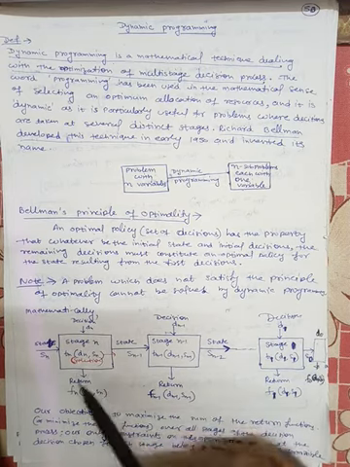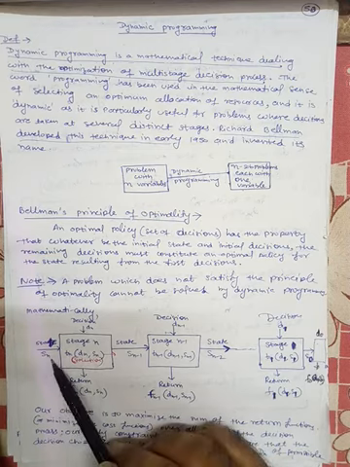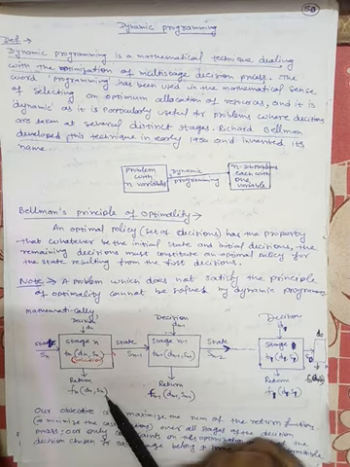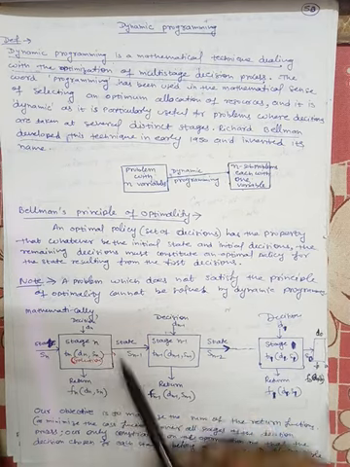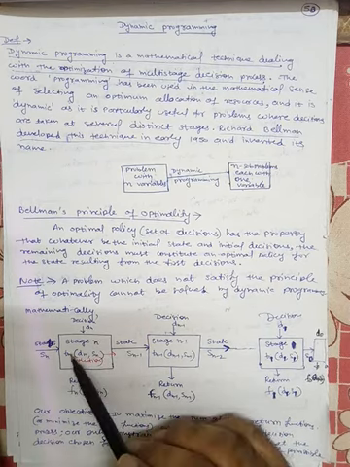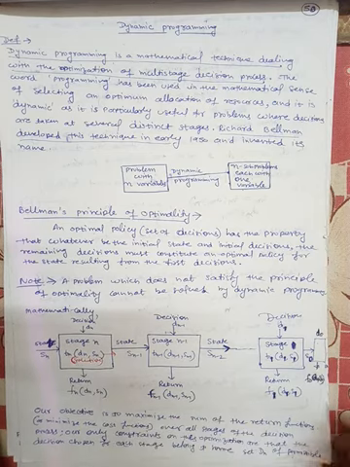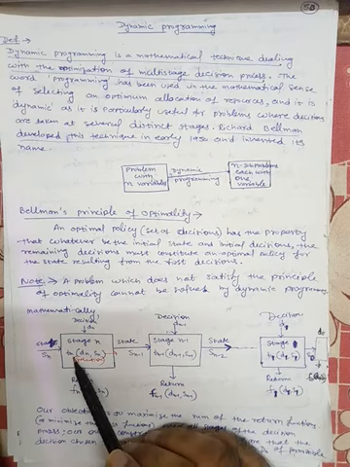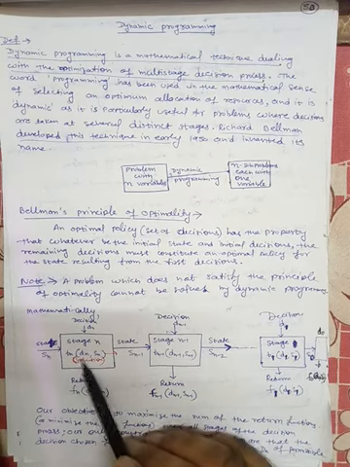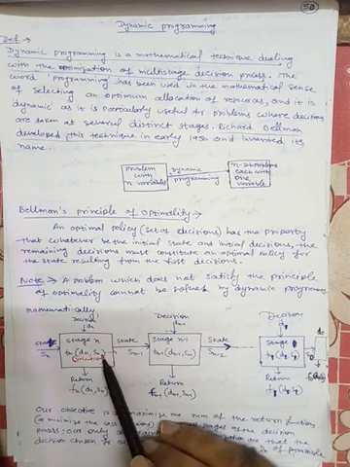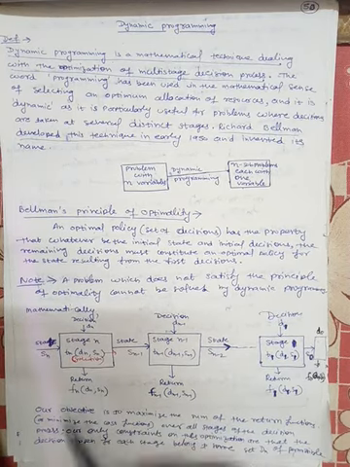Whatever be the decision, whatever be the state, you have some return function denoted by fn, dn, sn. And this state is denoted by the state function tn, which depends upon this decision and state sn, and then we have a return function.